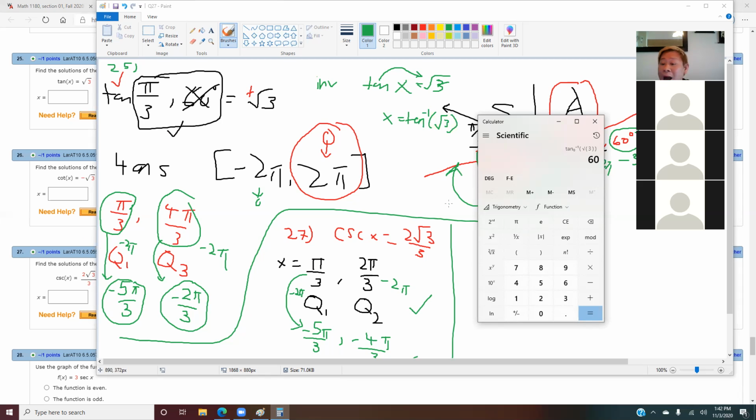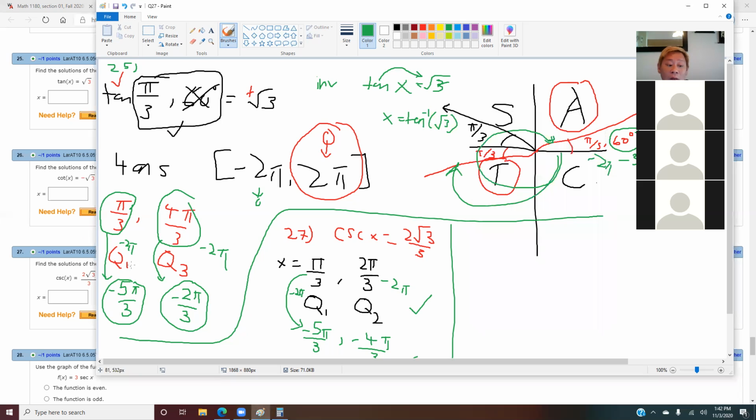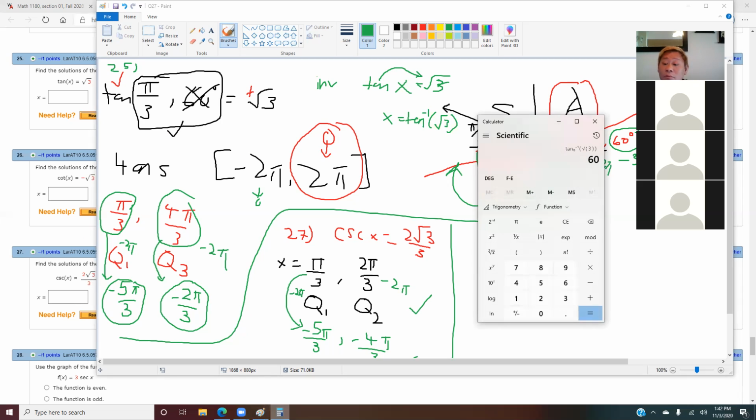Your calculator only gives you the quadrant 1 answer, but you have to figure out the rest on your own. You with me here? Yes.